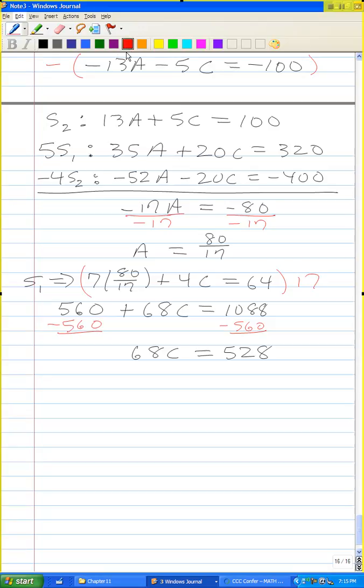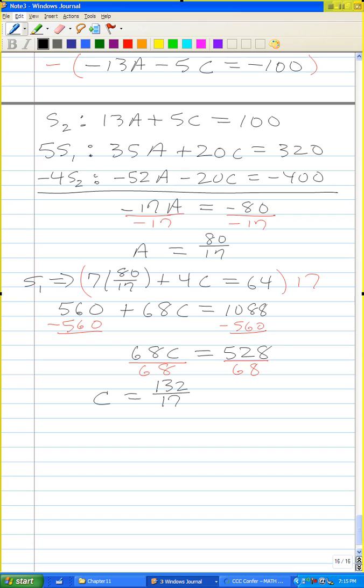So divide both sides of your equation by 68. And so you get C is equal to, let's see, I can divide 528 by 4. So that gives you 132. I can divide 68 by 4. 17.